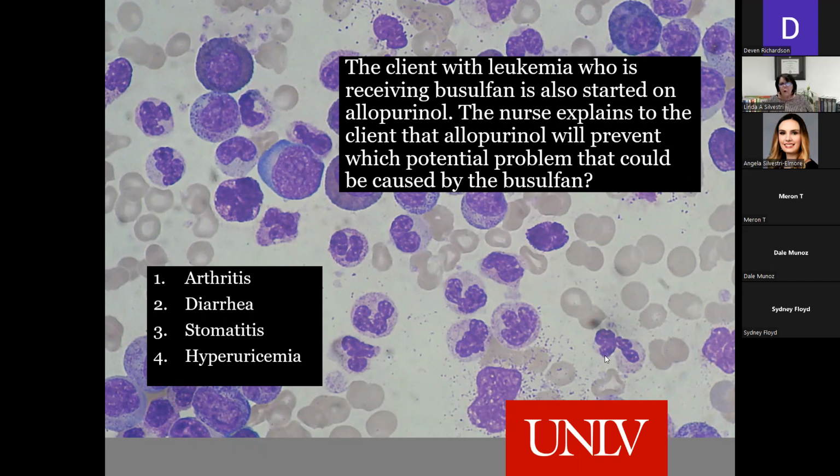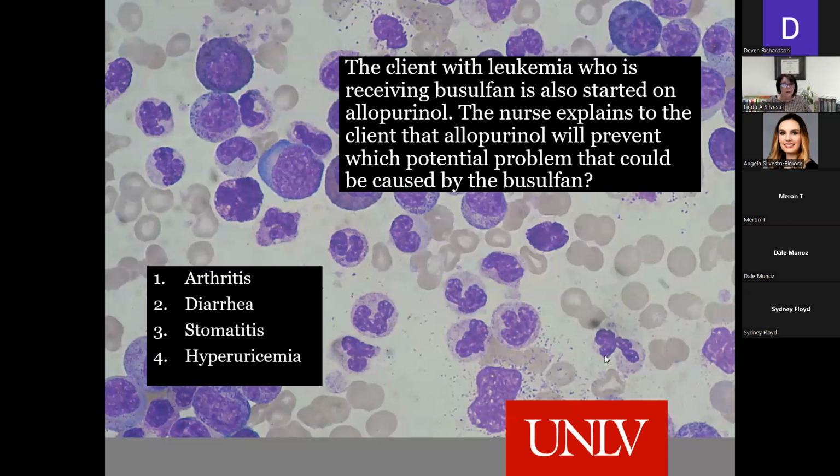But for any chemotherapy, most times patients are also started on allopurinol. And if you knew that allopurinol was also used for gout, that would help get you to option 4 as your answer. But let me tell you why allopurinol is prescribed with chemotherapy drugs.